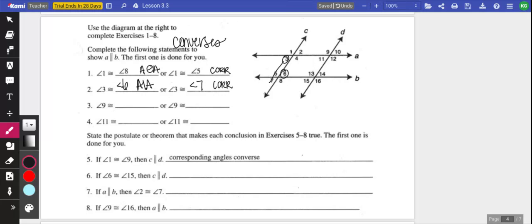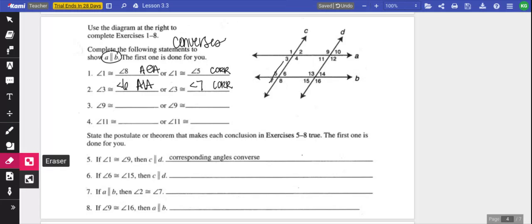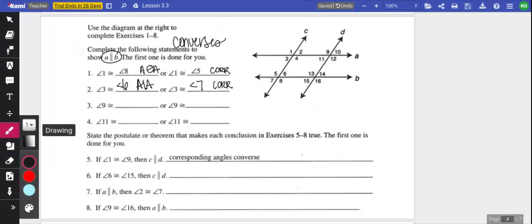And again, I'm only going according to the directions from line A to line B. That's why I'm not jumping over here. 9 is 13 because of corresponding, and 16 because of AEA. 11 is 15 corresponding, and 14 AIA.